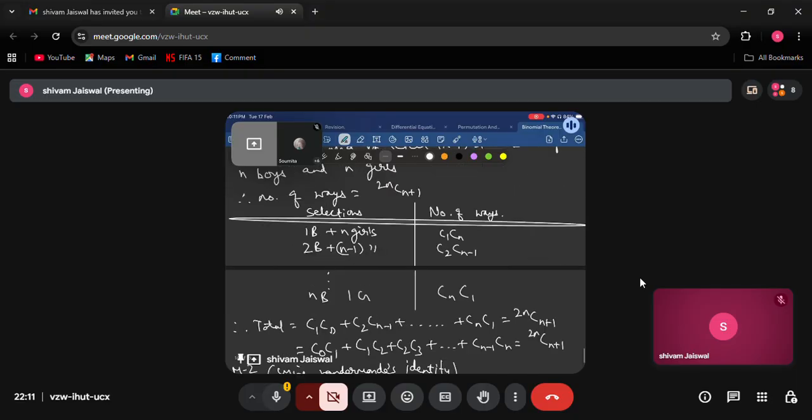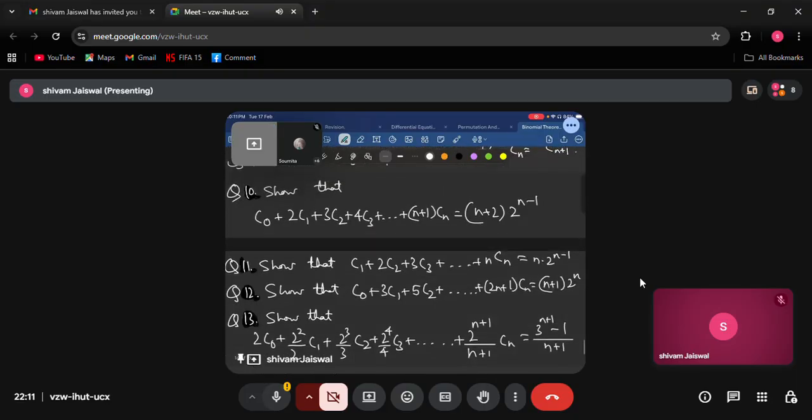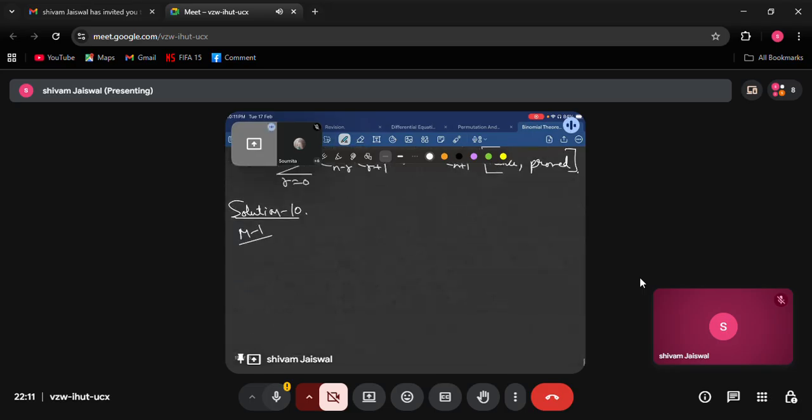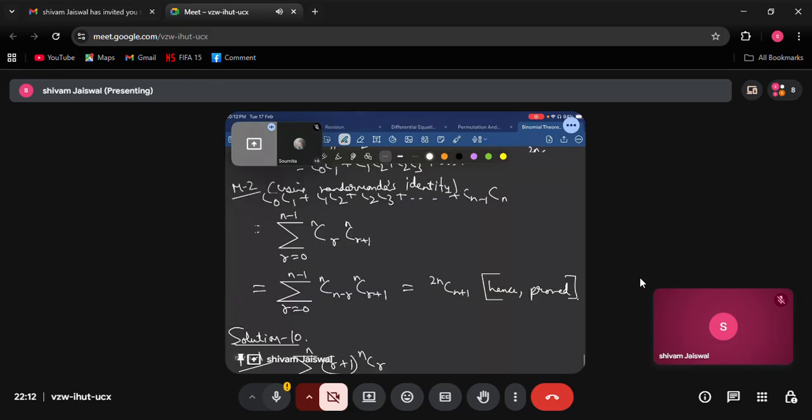What is written? C0 plus 2C1 plus 3C2 plus dot dot dot plus n plus 1 Cn. Okay, so basically you are given summation of r equal to 0 to n, r plus 1 into nCr.